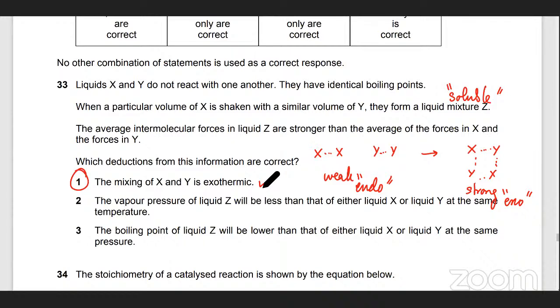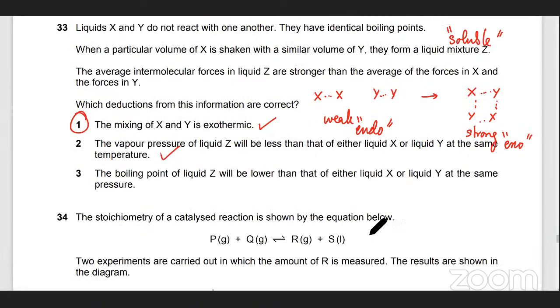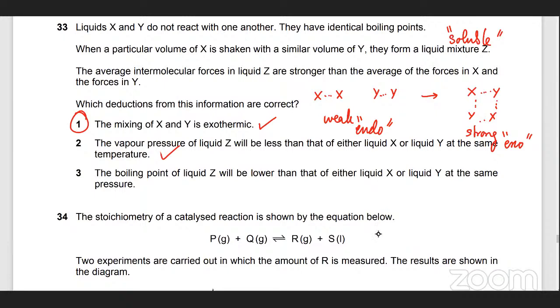so it is exothermic. Now this one, the vapor pressure of liquid Z will be less than that of either liquid X and Y. That's also correct. What is vapor pressure? Vapor pressure is that if you have a container, a closed system, and you have molecules of liquid, they're going to evaporate, and they're going to reach equilibrium.